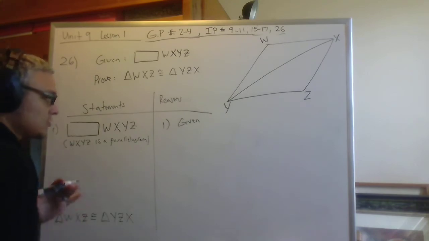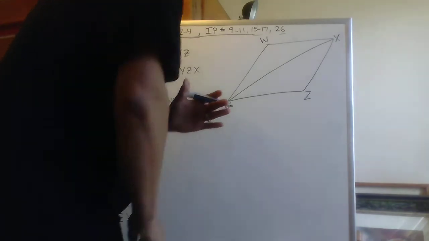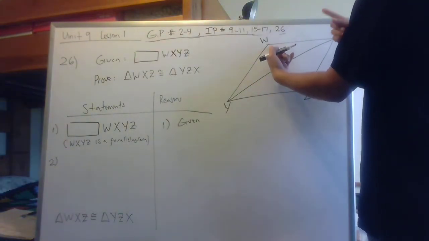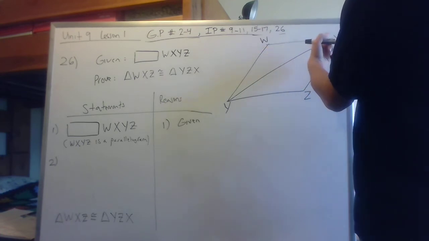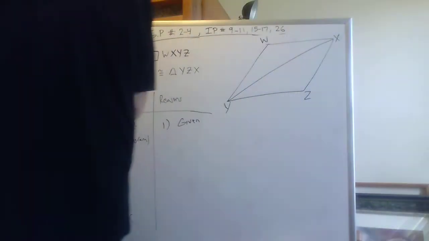Okay, that's where we're trying to end up. So the first thing we want to do is figure out the triangles that we want to prove. So we have W, X, Z, and Y, Z, X.